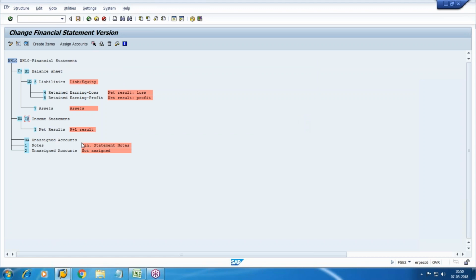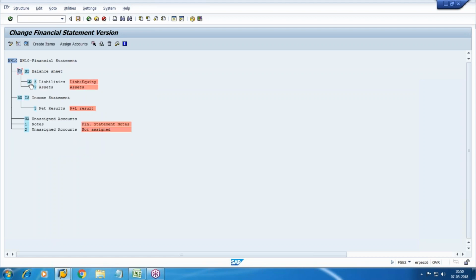Okay, one more is there, unassigned accounts. So this unassigned accounts, let's say we'll create something. Better we will create something. So this one assigned asset, both are balance sheet. So okay, income statement is also there. Then these two, let's assign to this one.